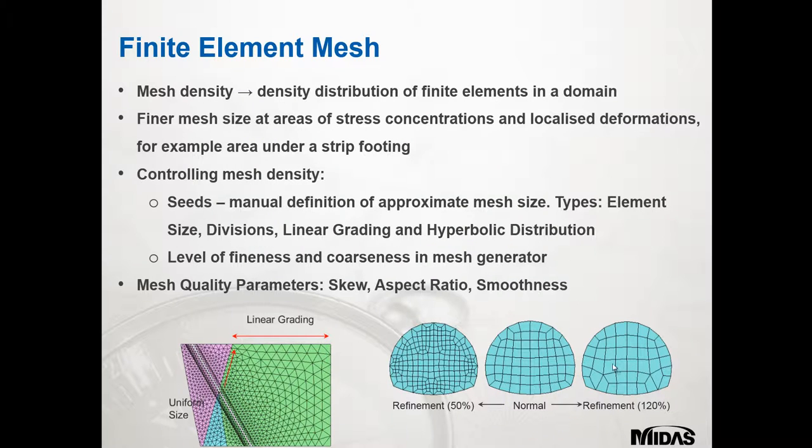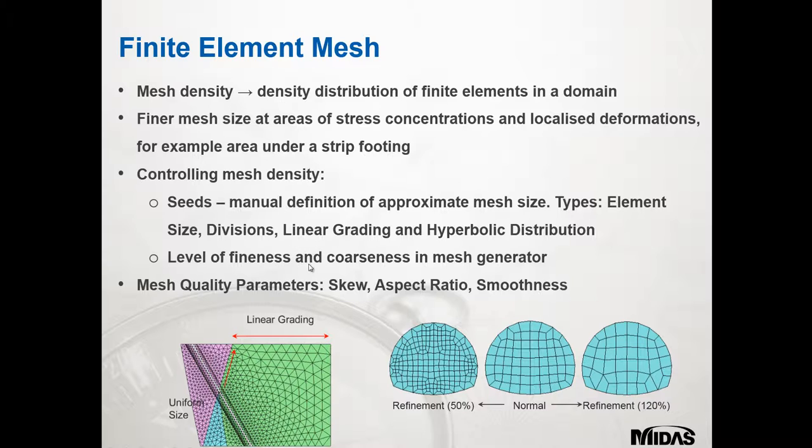So moving on slightly for more about the finite element mesh. The mesh density is the density distribution of finite elements in a domain, where you can control it, with a finer mesh size at areas of stress concentrations and localized deformations, for example under a strip footing. Controlling the mesh density is done by using seeds for the manual definition of appropriate mesh size. You've got different types: element size, divisions, linear grading, and the hyperbolic distribution, which can also affect the seeds.